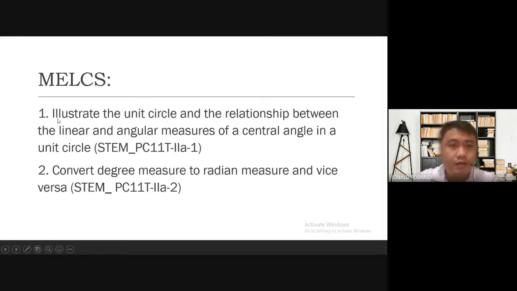First, we dealt with illustrating the unit circle and the relationship between the linear and angular measures of a central angle in a unit circle. And for the second, we learned how to convert degree measure to radian measure and vice versa.